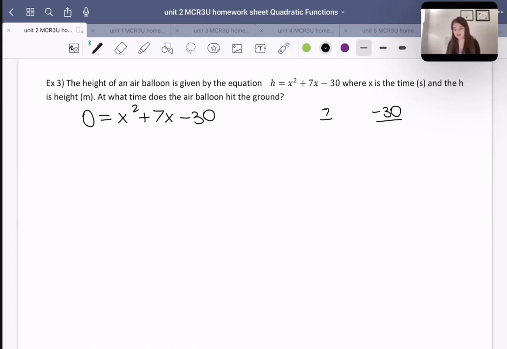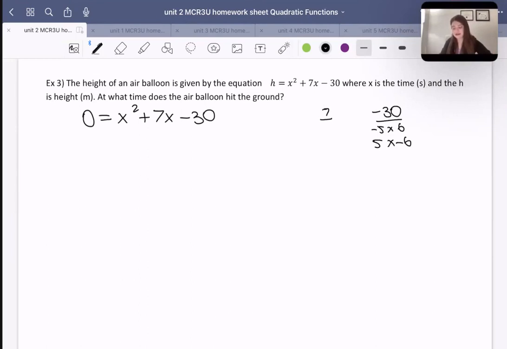Whereas in terms of what can add to a certain number, well, there's so many things. So I like to figure out what are things that multiply to our C value first, and then go back and see, okay, do any of those also happen to add up to 7, right? So let's do that. With 30, negative 5 times 6 is negative 30. 5 times negative 6, well, that's also negative 30.